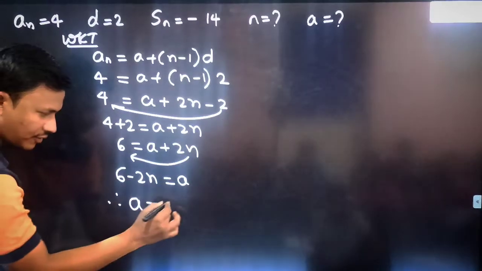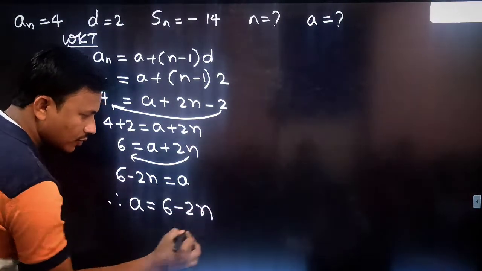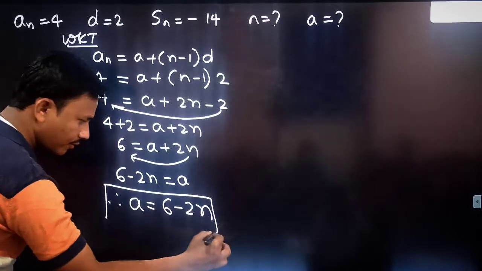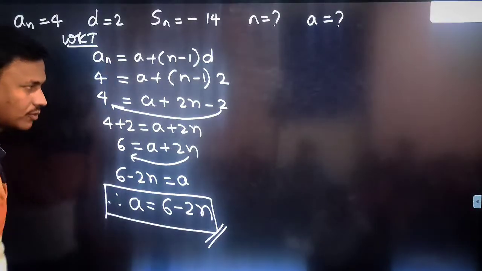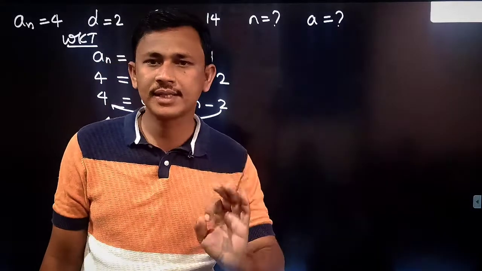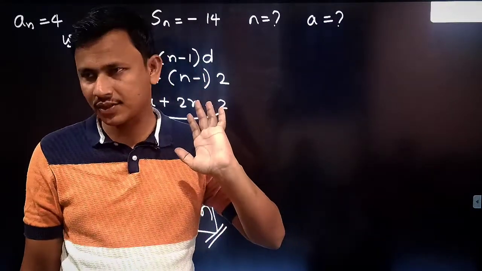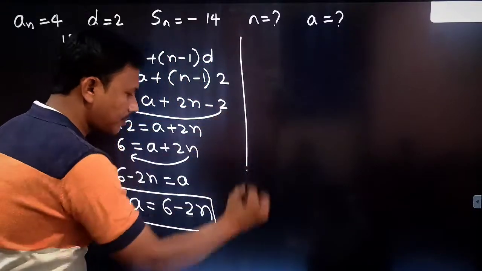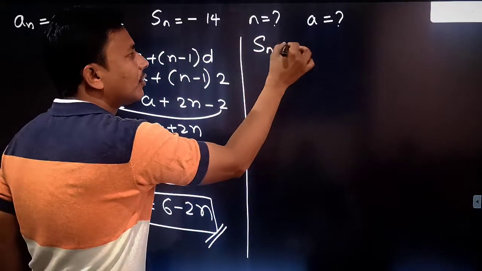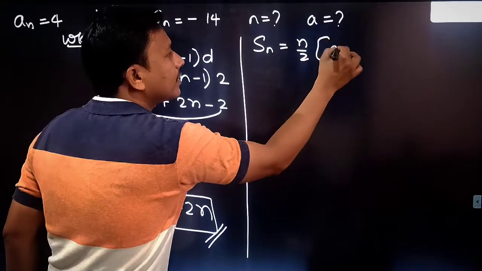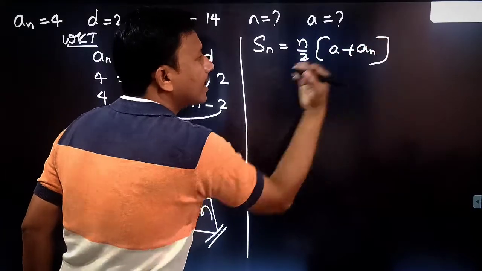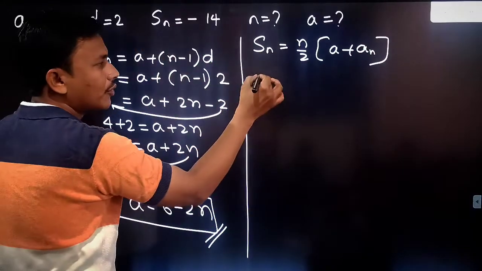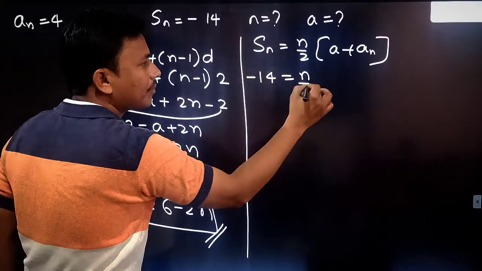Therefore what is the a value? 6 minus 2n. Understood? Then the sn formula, the small formula. Sn is equal to n by 2 in bracket a plus an. Sn value minus 14 is equal to n by 2 in bracket.